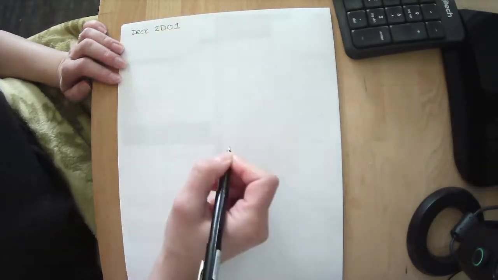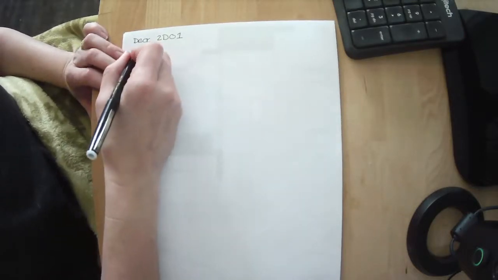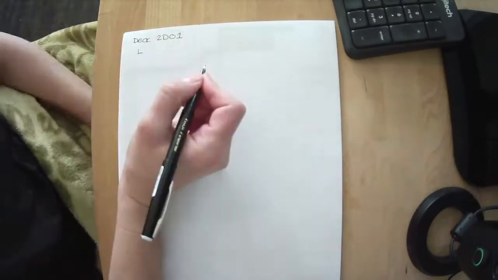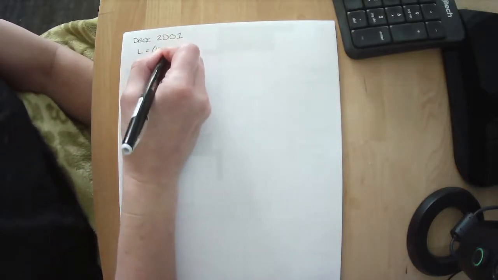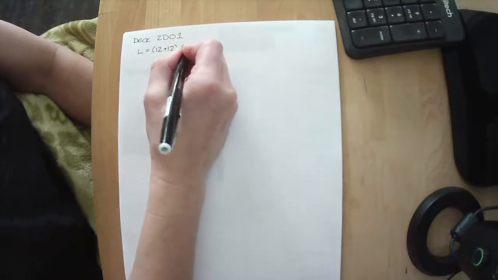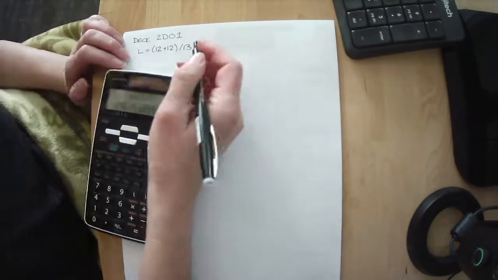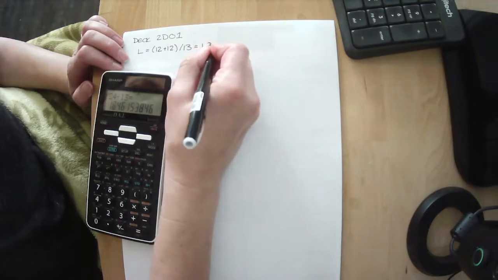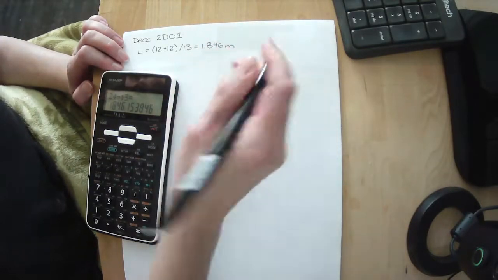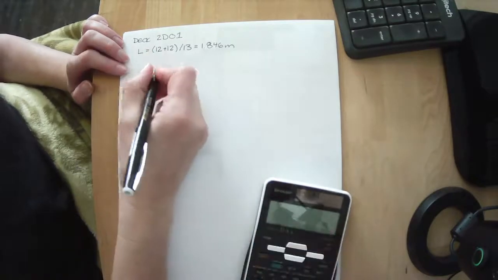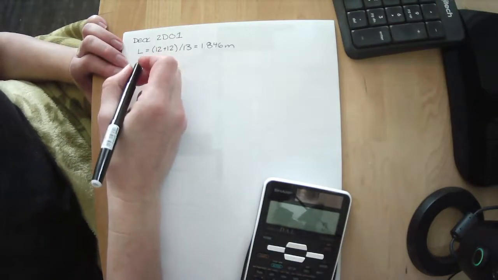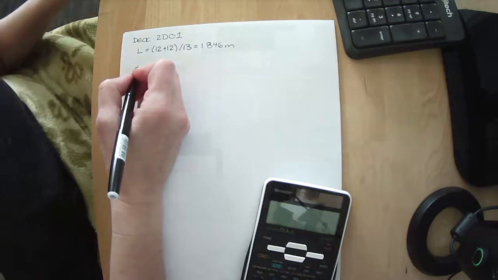Deck 2D01. All right, so the span, or the length that the deck spans, is 24 meters divided by 13 spaces, or 24 divided by 13 equals 1.846 meters.